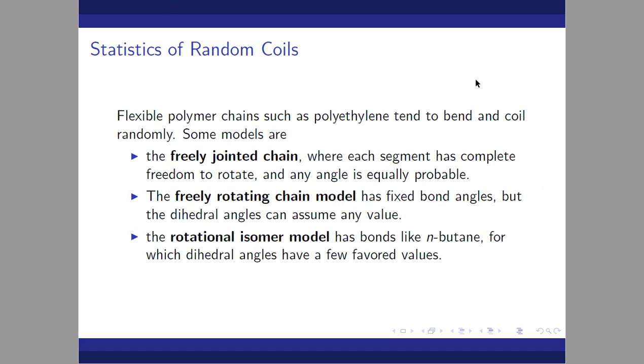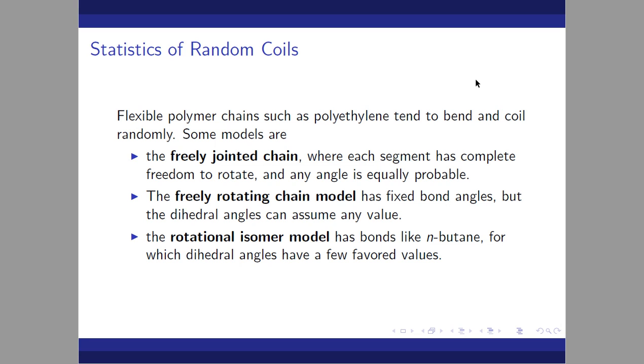Next we have the random coil. We have a very long polymer, or a very long macromolecule, but because of the molecular forces from our chapter number 2, it will do bending and stretching.